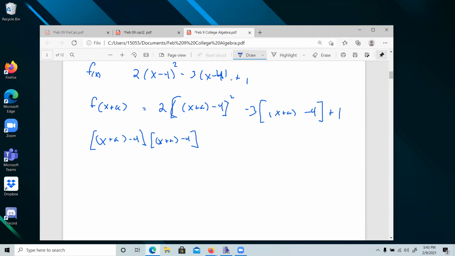All right, so this is going to be x plus a times x plus a. So we have x plus a squared. I know we're going to need another line. Minus 4 times x plus a, minus 4 times x plus a, plus 16. Now this one, right, we're going to have to do this too. We're going to have x plus a times x plus a. If you're doing this in your head, by the way, that's fine.